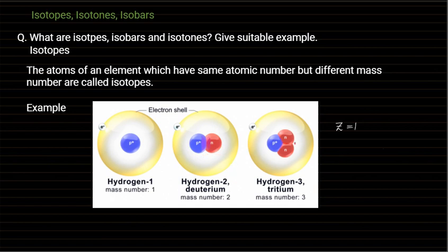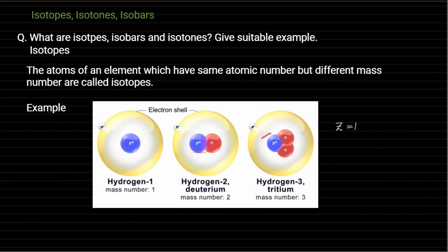Now look at your third case. What is the mass number? How many nucleons are there? 3. 1 proton and 2 neutrons. So in this case, the mass number is 3. If you consider these 3 examples, the 3 elements have the same number of protons.